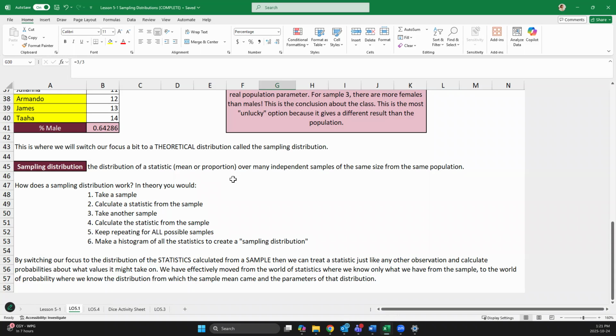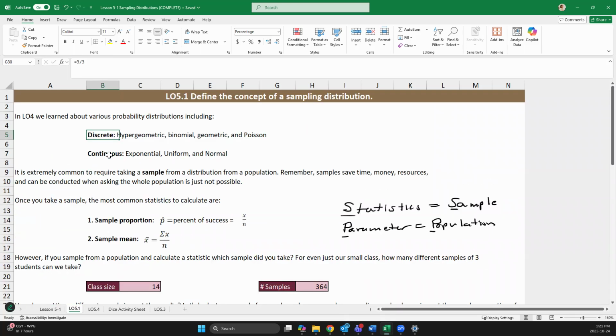So instead of only having a single statistic like the mean or the proportion, we're moving into having a distribution. And when we have a probability distribution, we can calculate probabilities for it like we did in learning outcome 4 based on the probability distributions we learned about. So we learned how to find some probabilities for these distributions in Excel.